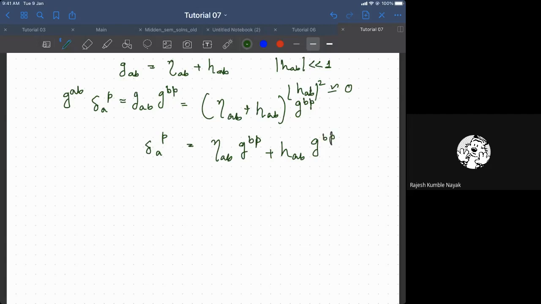Now you see that we have the two upper components. If the lower can be approximated as some small quantity, then the upper also should be writable in terms of a small quantity. Let's write g^BP as eta^BP plus, let us not call it h itself, let's call it something else. Let's call it a capital H. That's a new invention.